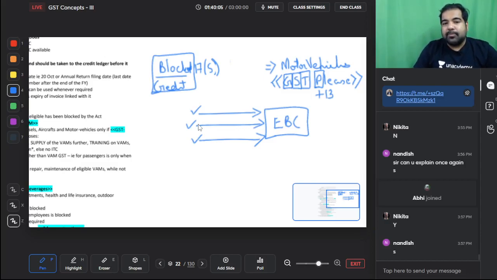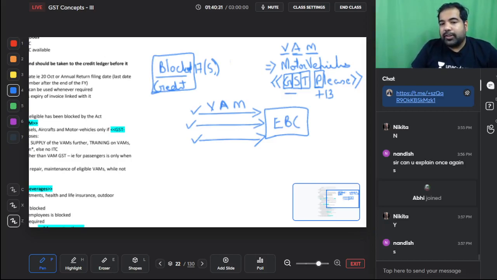This, guys, is for VAM. VAM is vessels, aircraft and motor vehicles. So as a business, whenever you buy a vessel or an aircraft or a motor vehicle, you have to check GST please, but the P is only for motor vehicles. I repeat, whenever you buy a vessel, an aircraft or a motor vehicle, will you get ITC?